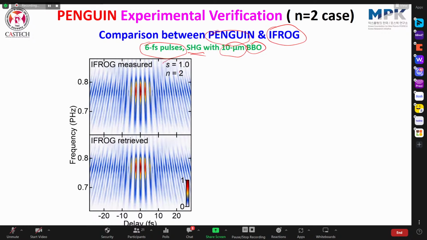This is the S equals 1 case, as is typical. And you put the balance system in to maximize the visibility of the interferogram. So this is the measured IFROG signal. Then you use the retrieval program to get this one. You notice the excellent agreement between measurement and retrieval.